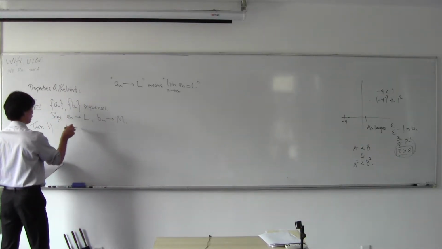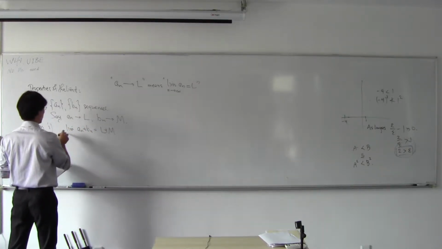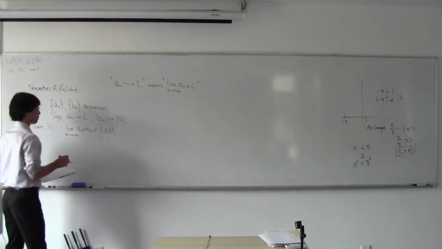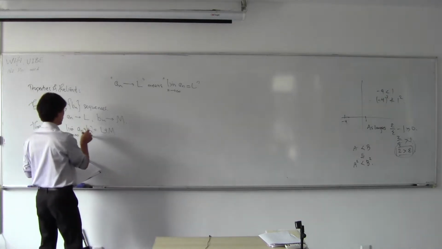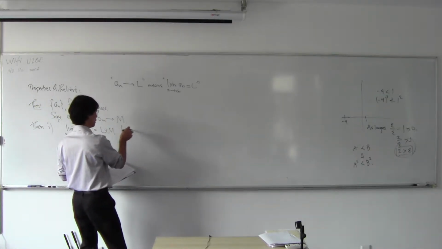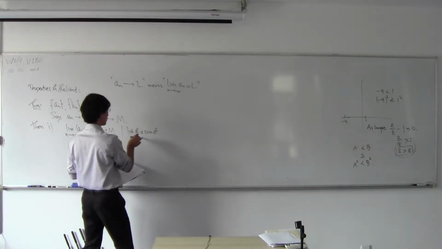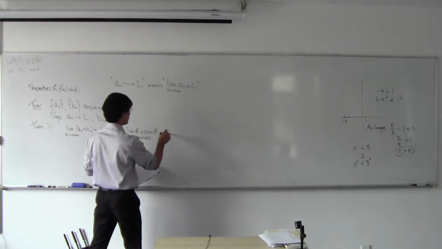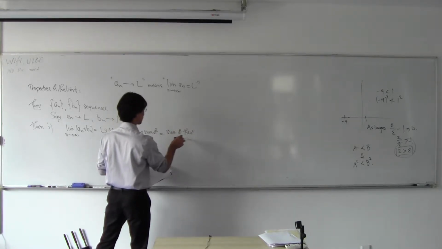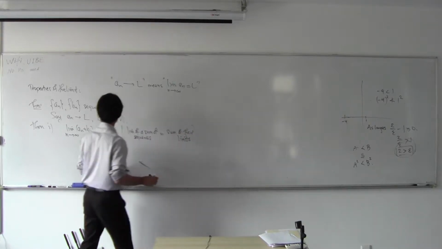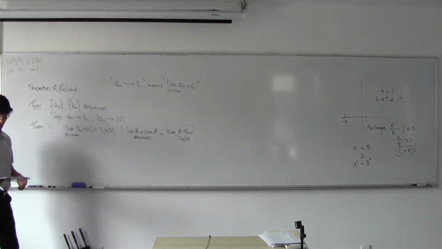So the limit of a sub n plus b sub n is L plus M. So what this is saying is that the limit of a sum of sequences equals the sum of their limits. Right? The limit of a sum is the sum of the limits.